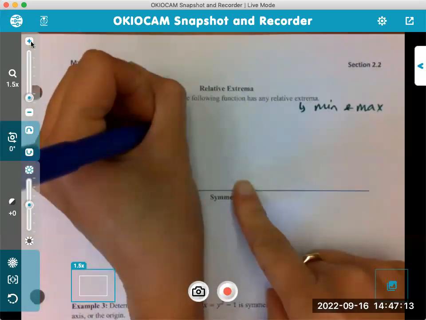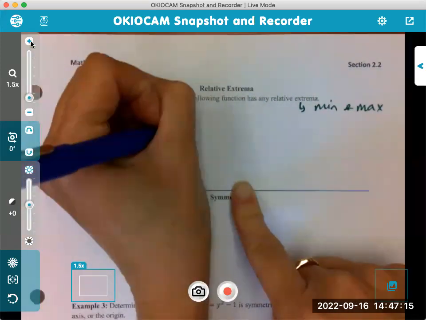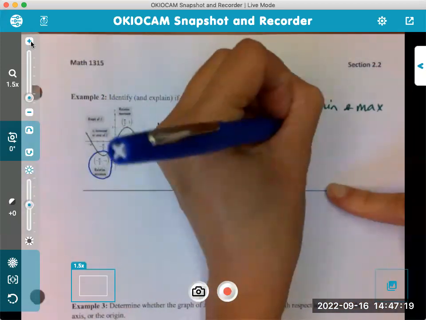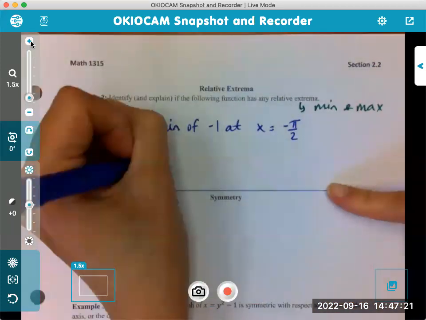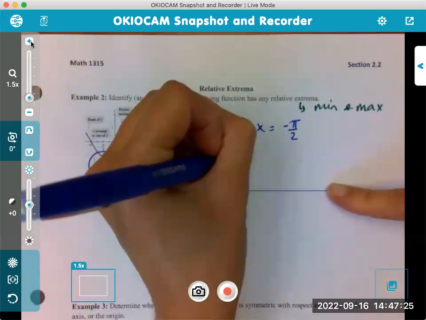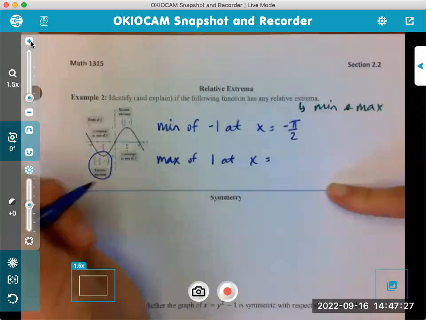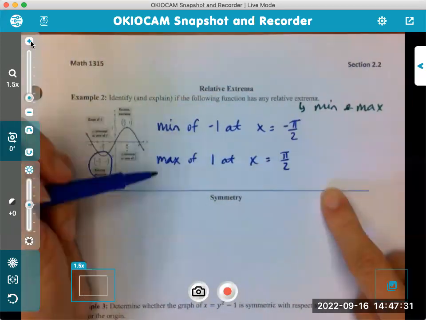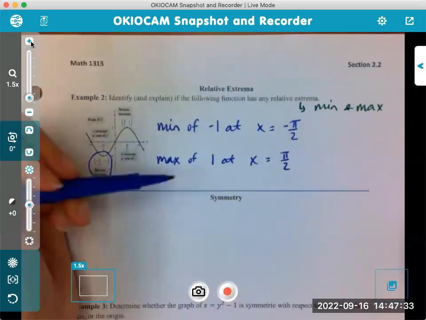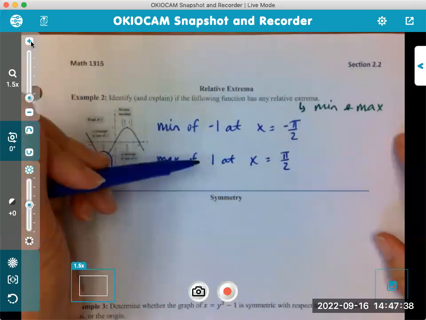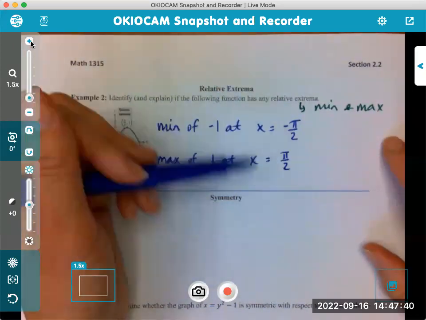So we have a min of -1 at x equaling -pi/2, and a max of +1 at x equaling pi/2. Since you're describing an extrema, it's how high or how low is that extrema, and then where is it at, right?